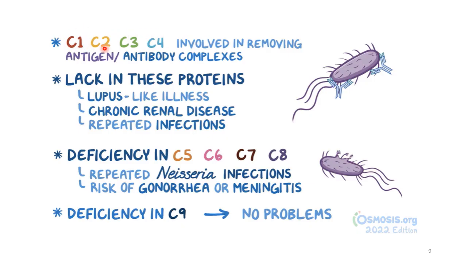So we can see that if you have any type of deficiency in your lower complement proteins, you're going to have more severe health problems, okay, in comparison than if you have deficiencies with the higher number of complement proteins, okay? So if you have a problem with either C1 or C2 or C3 or C4, you're going to have problems like lupus.